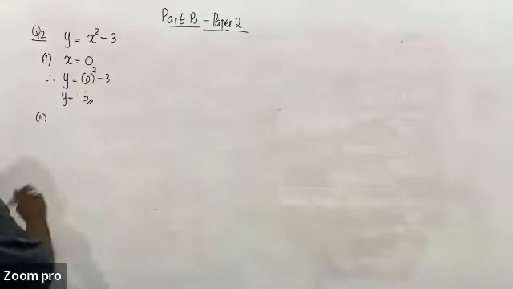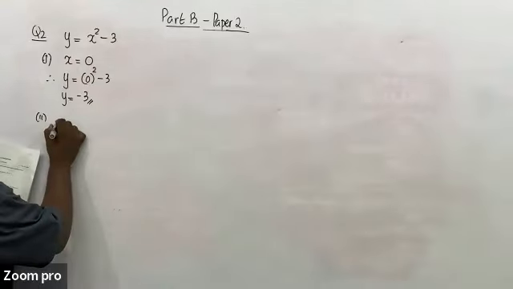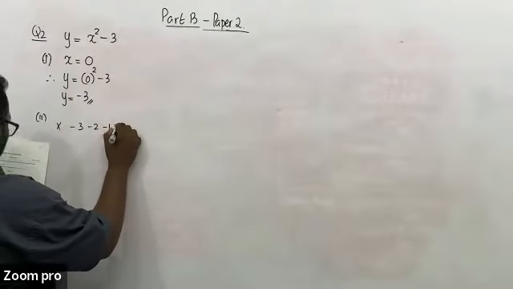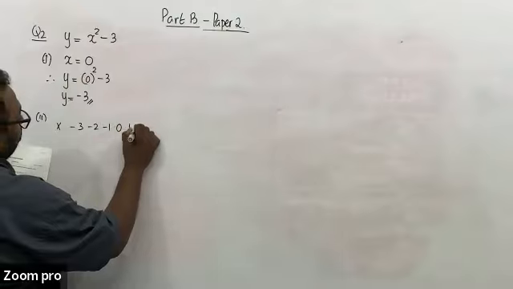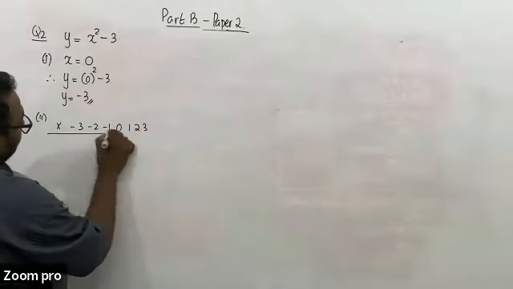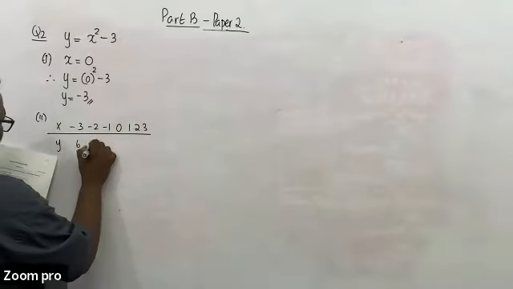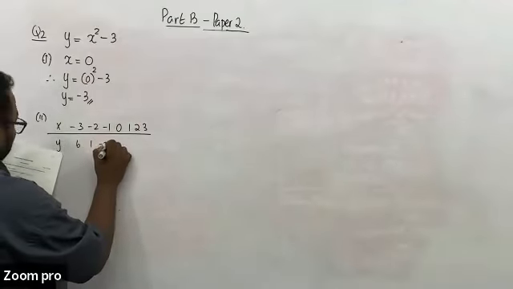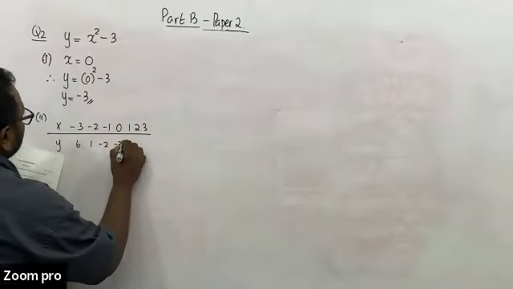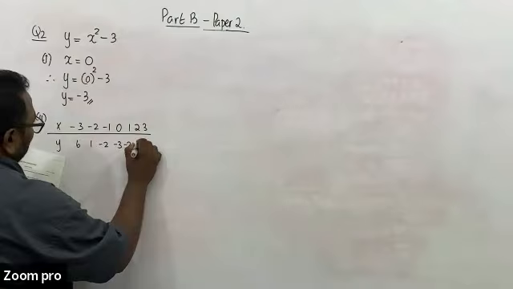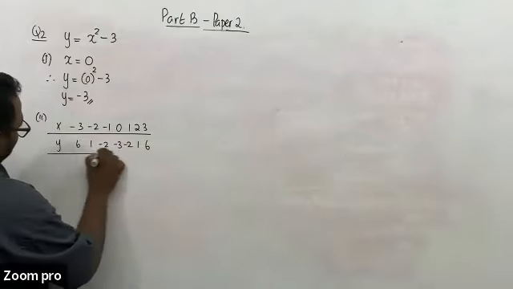So you should have your table like this: x is -3, -2, -1, 0, 1, 2, and 3. Y is 6, 1, -2, -3, -2, 1, and 6.